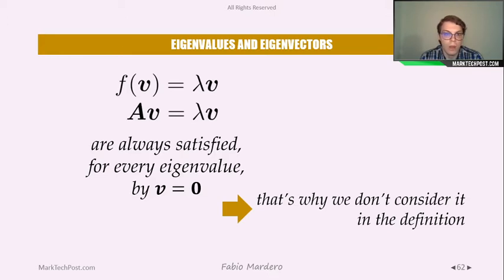As a note, these formulas are always satisfied for every eigenvalue by v equal to 0, the neutral element. So that's why we don't consider it in the definition of eigenvalues and eigenvectors.